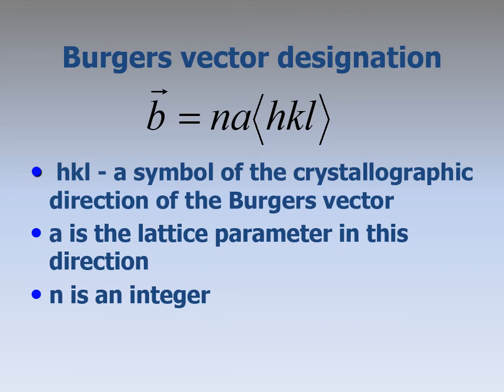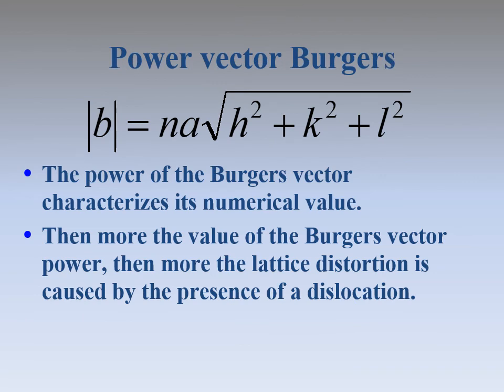I hope you remember the crystallographic indexing. And a is the lattice parameter in this direction. Usually it is the distance between the atomic planes, and n is an integer. The power of dislocation is a value determined by this formula.